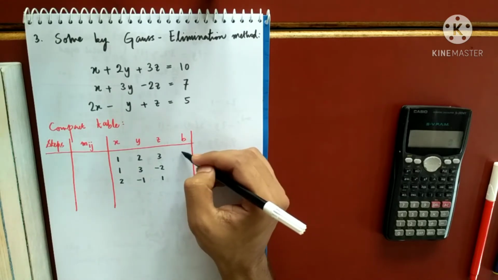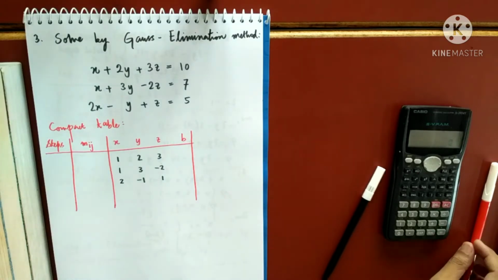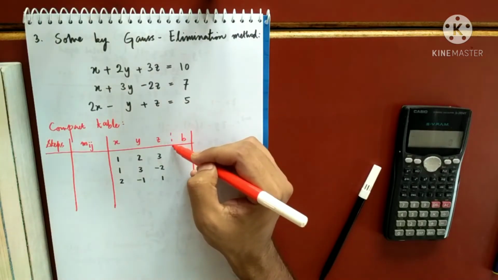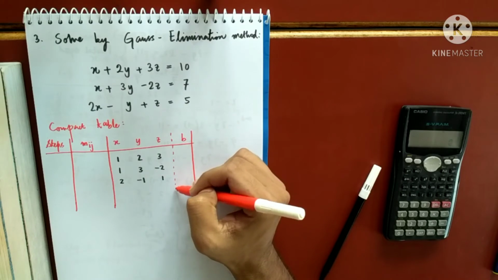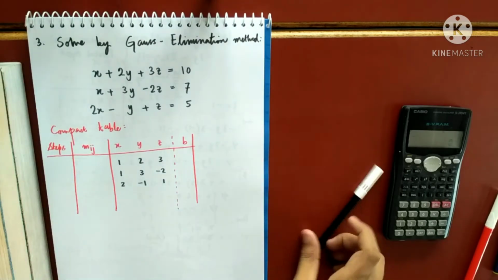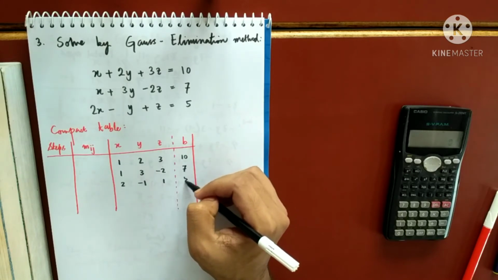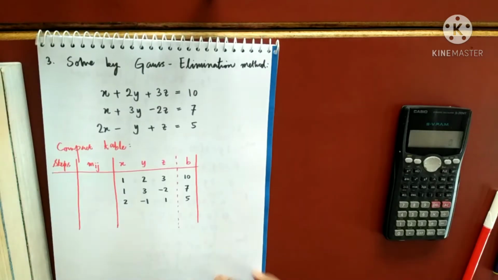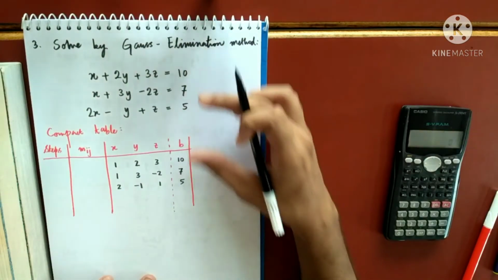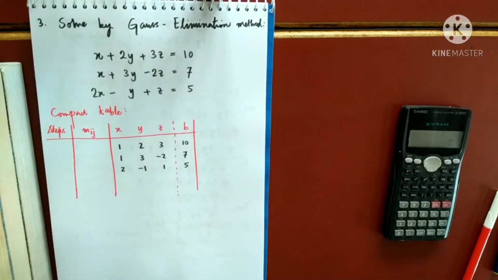And what is b? This b is 10, 7, 5. So I have written this system in a more compact form like this. If I do it by this method, it will take less time.